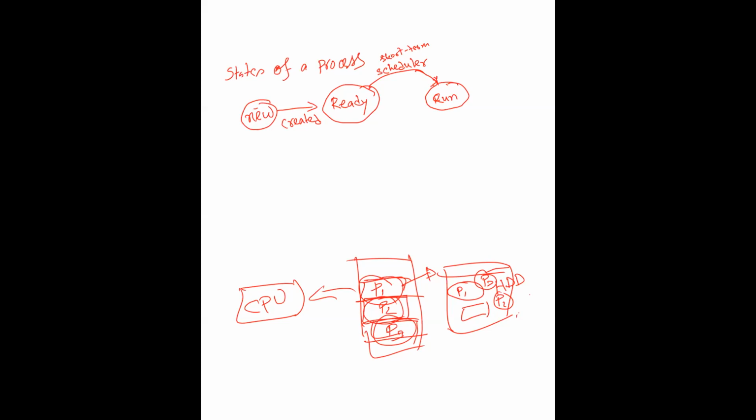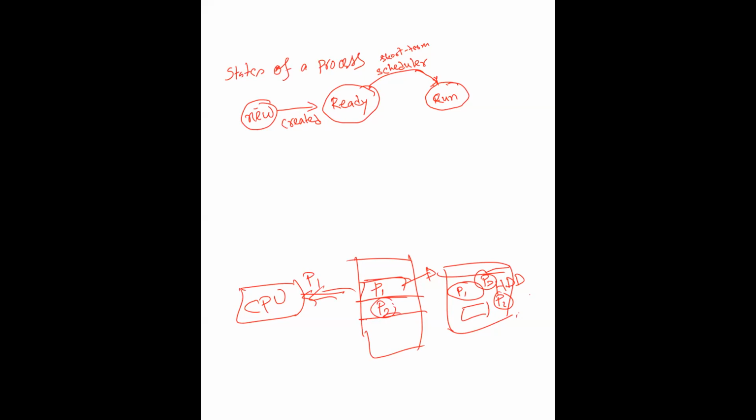From this running state, what can it do? Let's say process P1 first comes to the RAM, and it is scheduled by the CPU. Currently, P1 is in the running state. Then process P2 comes into the RAM and its priority is higher than process P1.